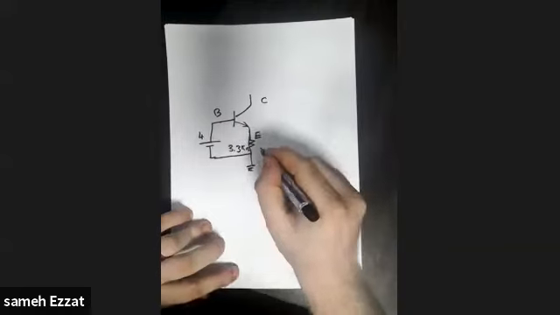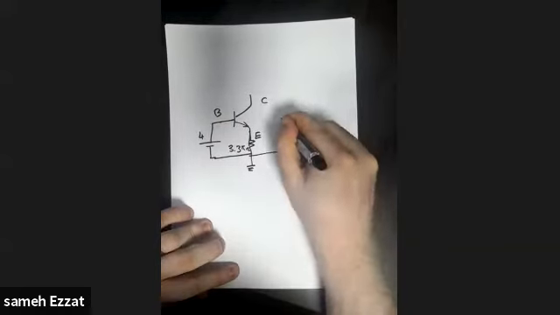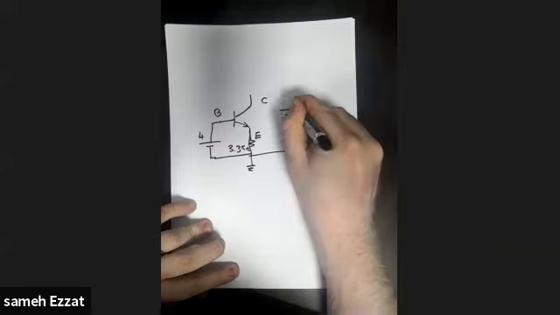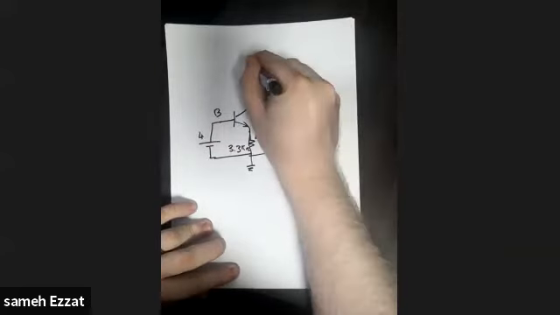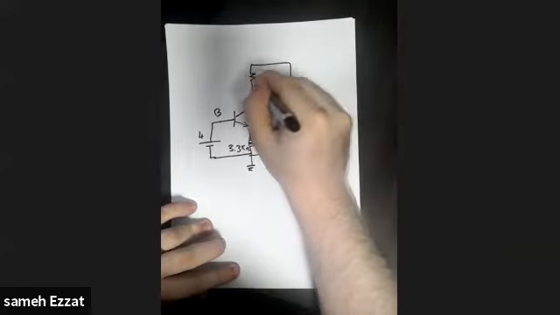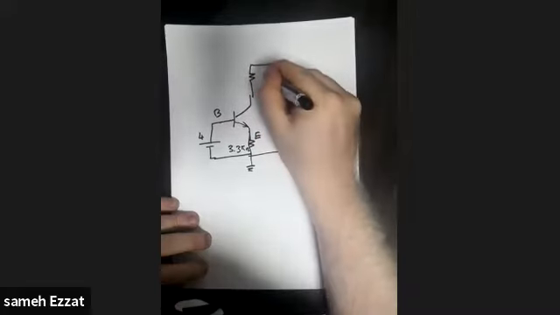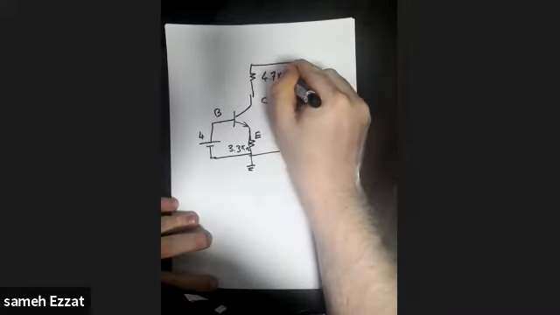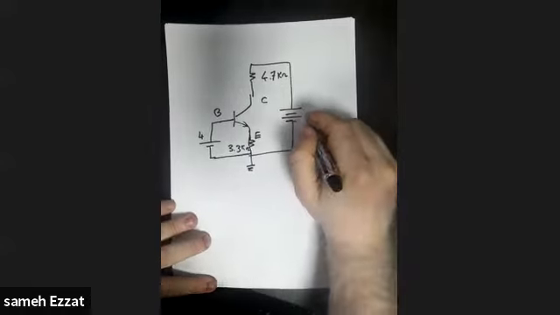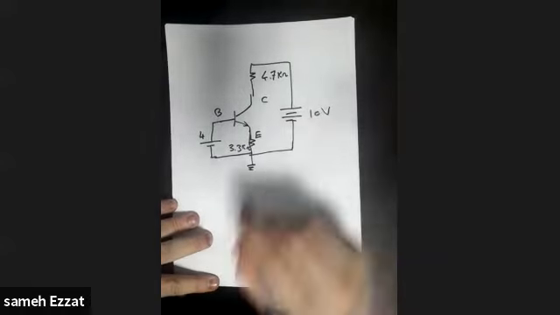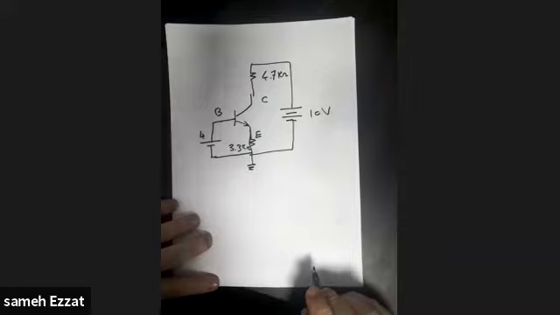Also, we have another supply in this direction, and we have another resistance in the collector. The upper resistance is 4.7 kilo ohm, and this voltage is 10 volts. This is the configuration we have for the problem.